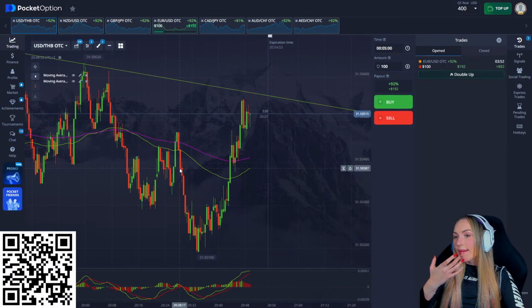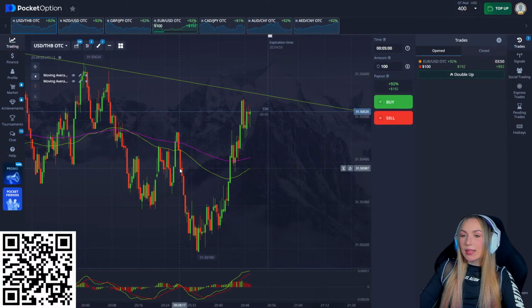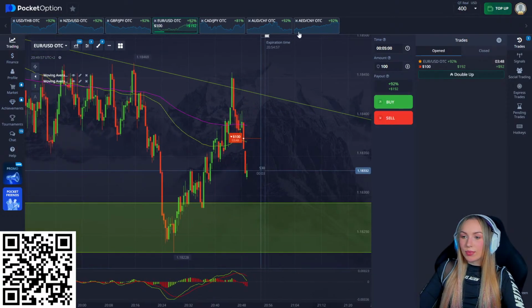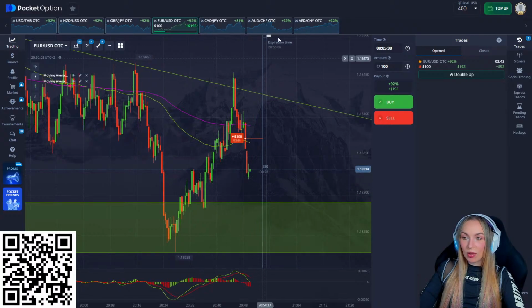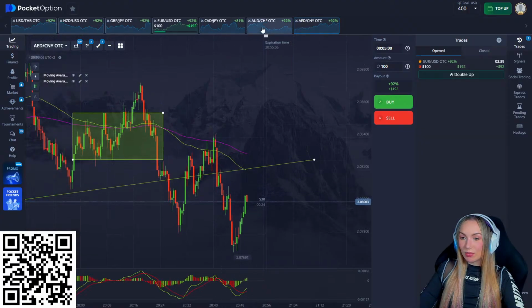USDTHB still didn't go down, but this one went so fast down that right now I'm afraid that it will go the same fast but up.